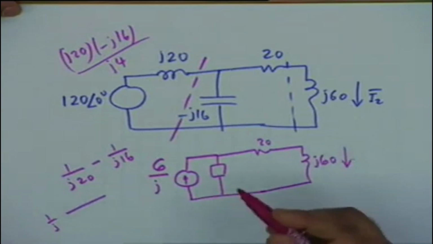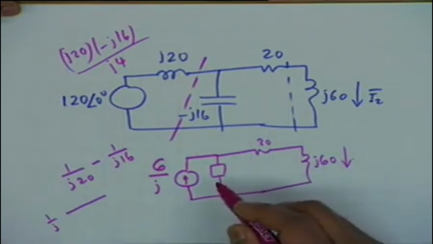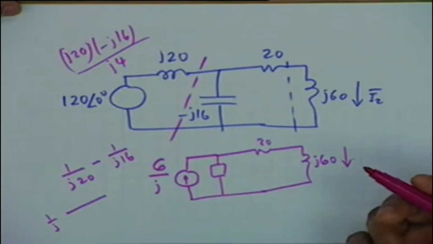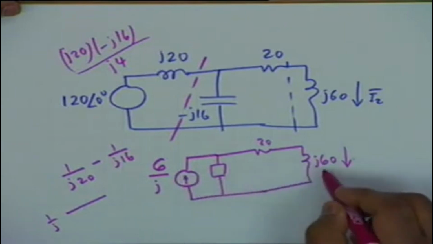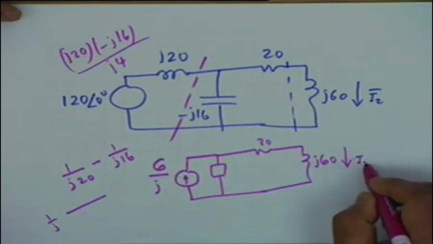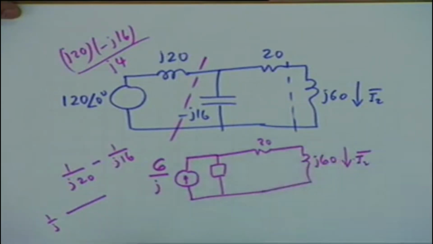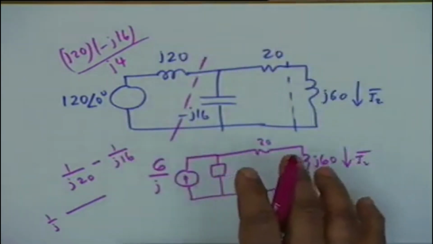You could now apply the formula for division of current directly, isn't that right? There is a current source which divides into two parts, and therefore you could write the current I2 phasor directly from this circuit. By inspection, nothing is to be solved. All that we are doing now is almost by inspection.